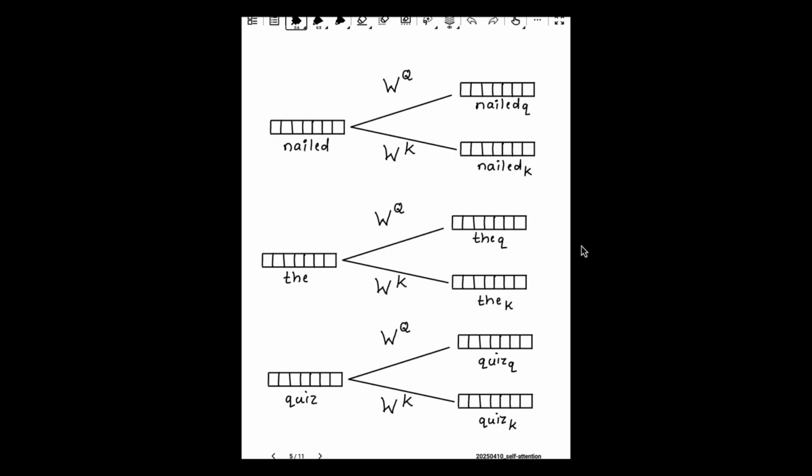For the token nailed, we have these two representations, nailed Q and nailed K. For the token the, we have the Q and the K. And for this token quiz, we have quiz Q and quiz K. Note that the matrices WQ and WK are shared across these tokens. So we are using the same WQ and WK matrices to come up with these two representations for all tokens in our sequence.